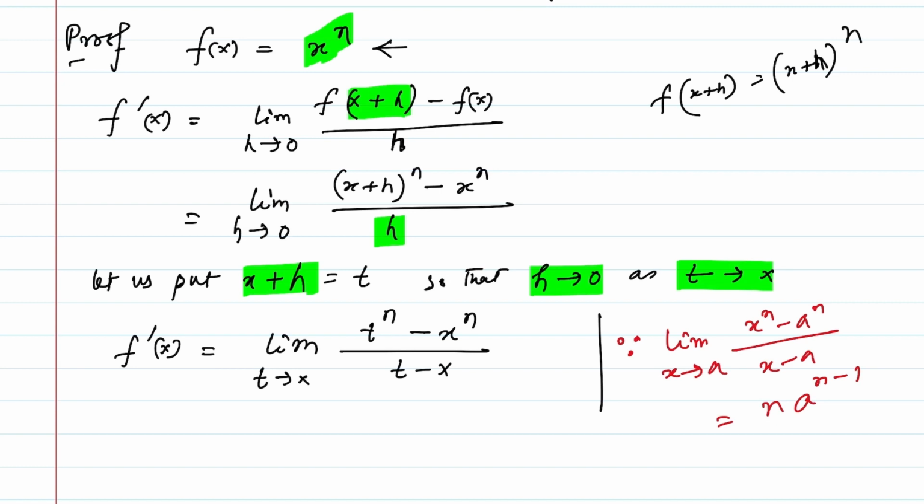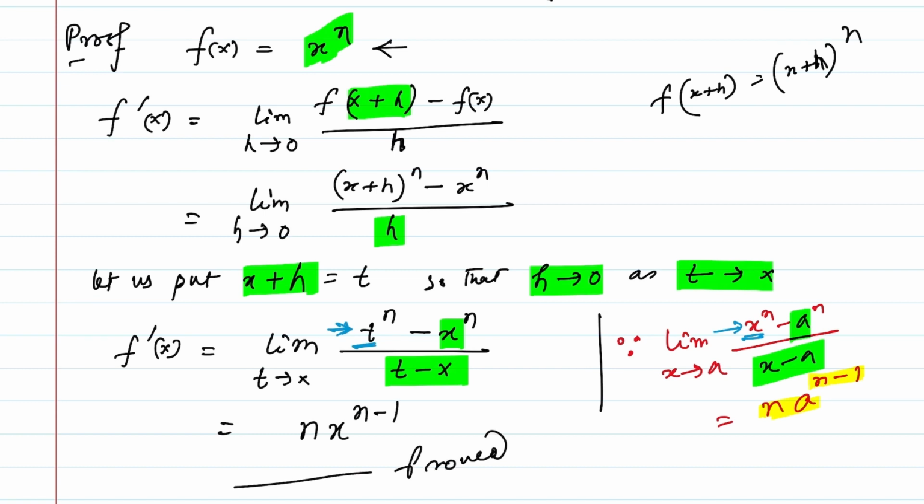Here you have to consider t as x: compare t with x in this limit, and x with a, so t minus x should be considered as x minus a. Then, according to this limit, we should get n a to the power n minus 1. As we have considered x as a, our result must be n into x to the power n minus 1. That's how we can prove it. I hope you have understood this.